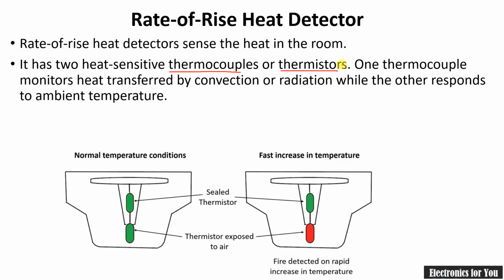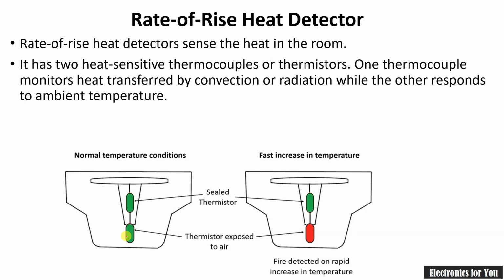Here is the construction of the rate of rise heat detector. Two different thermistors or thermocouples are used. One thermistor is sealed in the case, and the other thermistor is exposed to air.